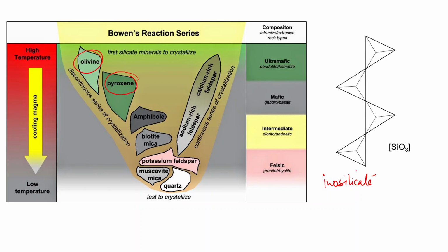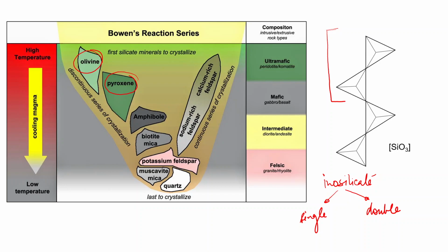Now, if you remember the classification of inosilicates, there are two types, the single chain inosilicate and double chain inosilicates. This is the diagram of a single chain inosilicate. If you look at the single chain, you can see that these two tetrahedra combine together to give the entire chain structure.